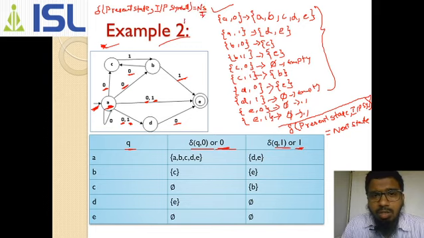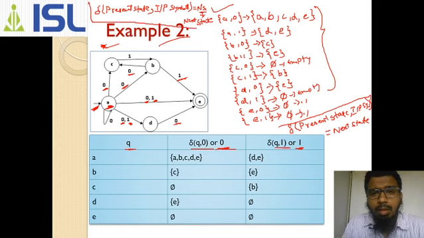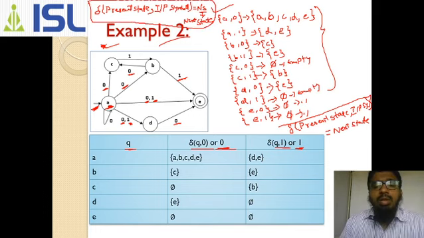Okay, what is this? This is the next state.